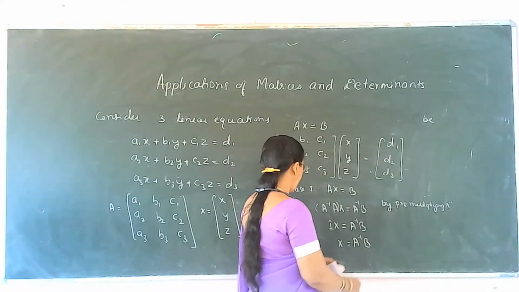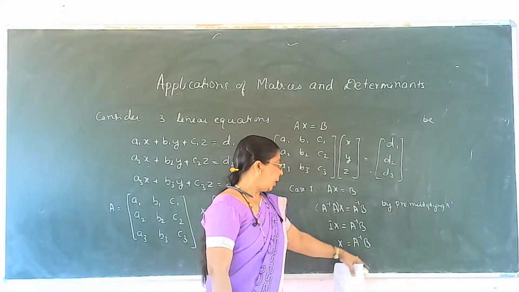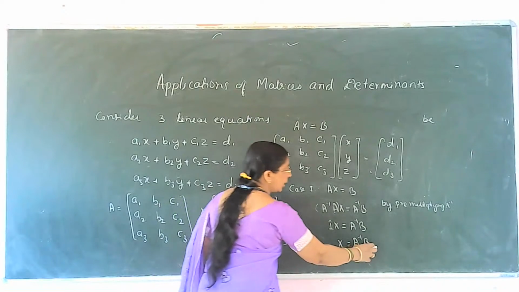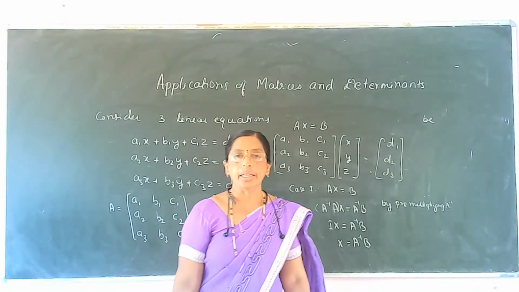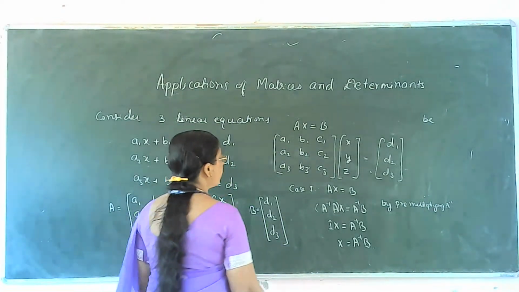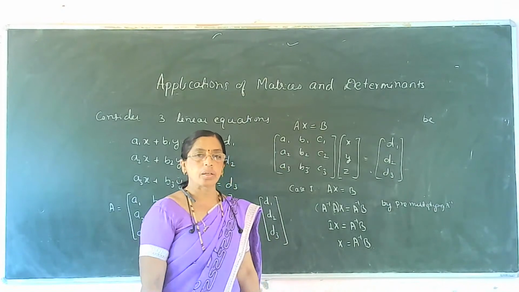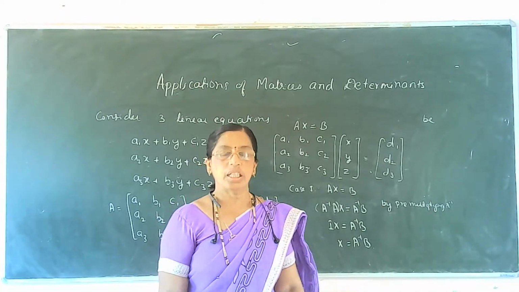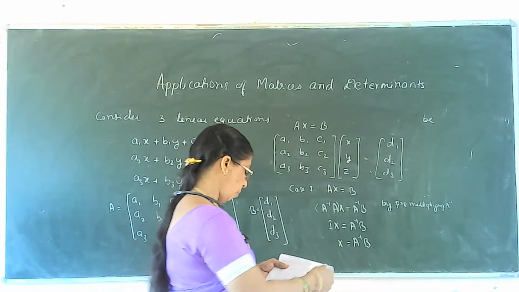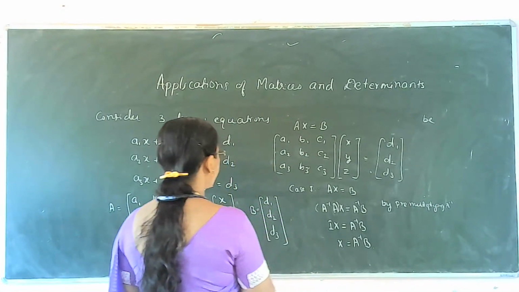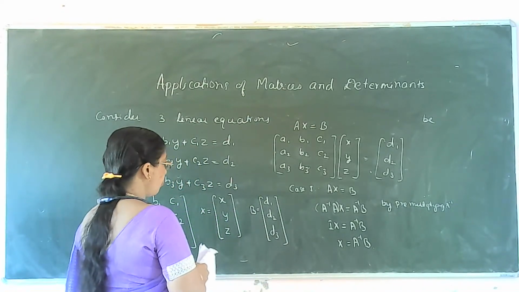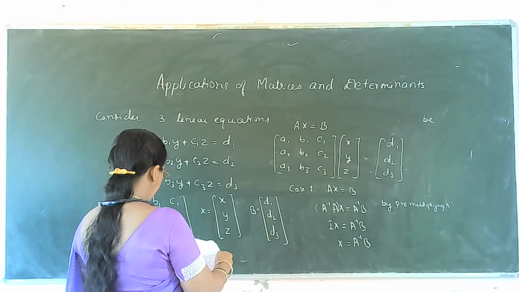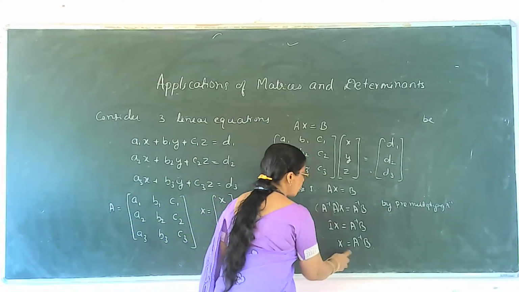So x, y, z is equal to the inverse of the matrix A multiplied by the matrix B. We multiply the matrices A inverse and B, and by equating the corresponding terms, we get the x, y, z values.